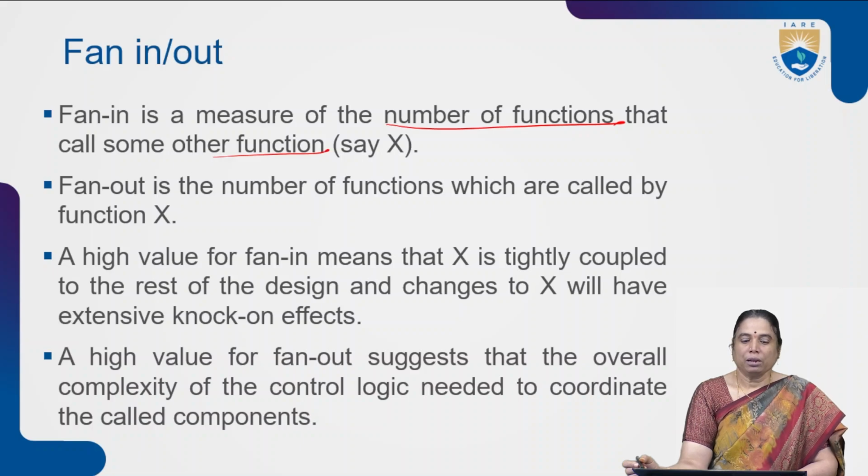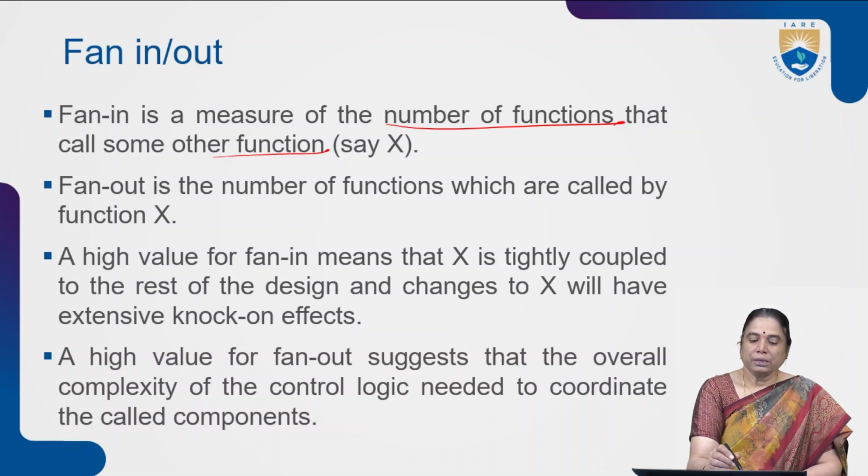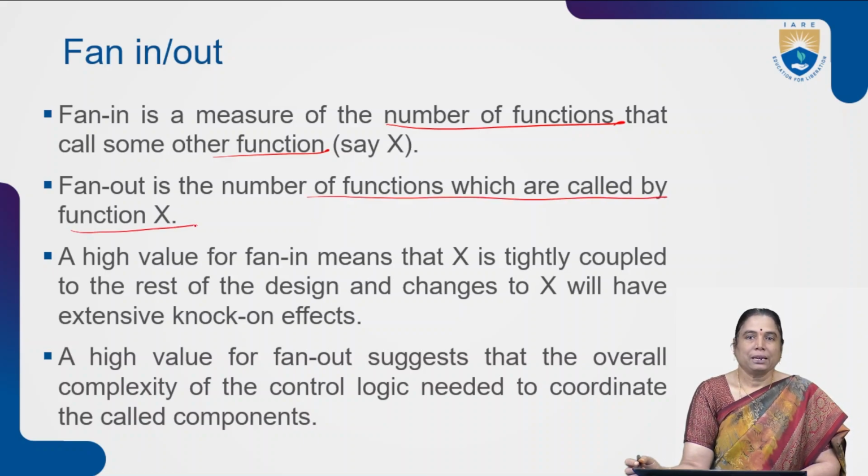Fan-out is the number of functions which are called by function X. If a function calls a number of functions, then that is fan-out. The number of functions that call X is the fan-in.